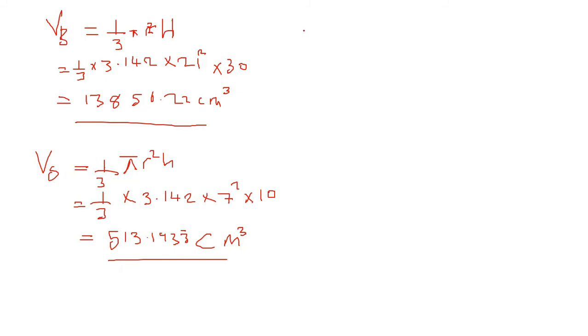Then finally, to find the volume of the frustum, Vf will be equal to Vb, volume of the bigger cone, minus volume of the smaller cone. Then this one will simply be, you subtract now, 13,856.22 minus 513.1933 as a recurring decimal.